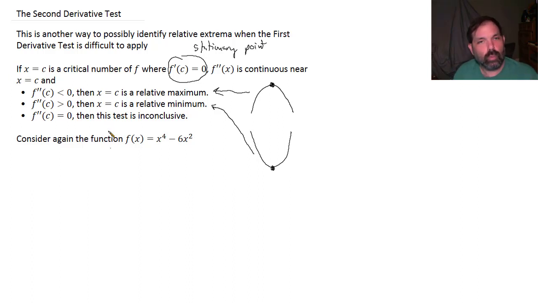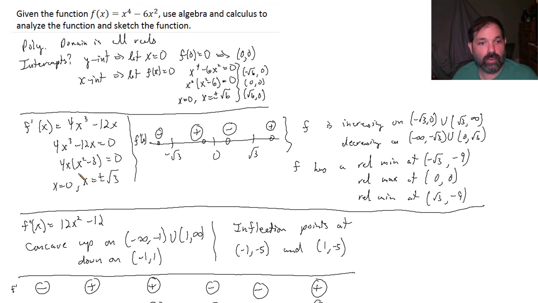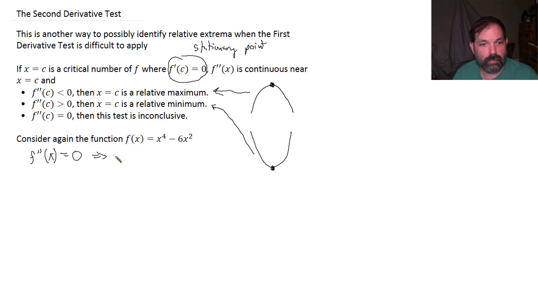So let's again look at the function x to the fourth minus 6x squared. The first derivative was 0 at 0 and plus or minus root 3.